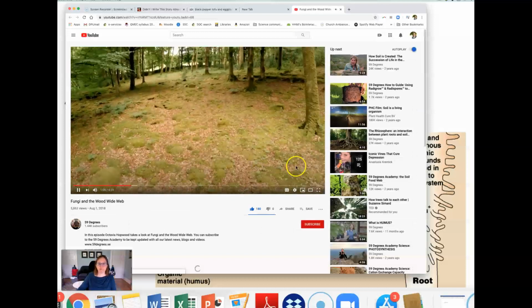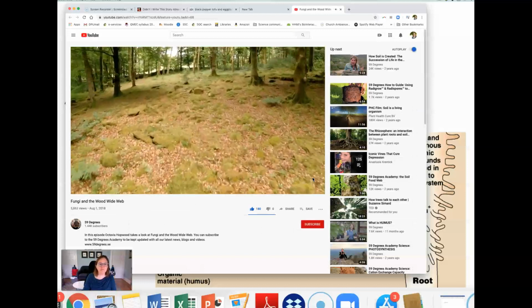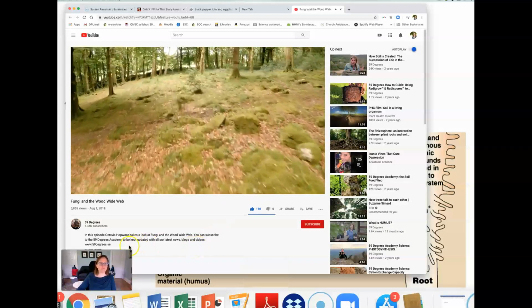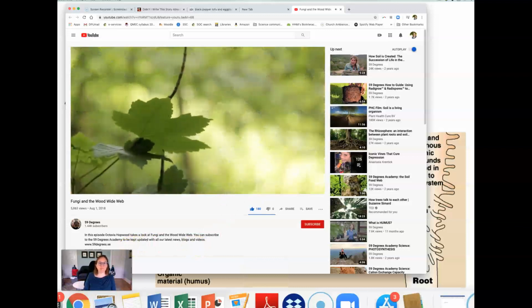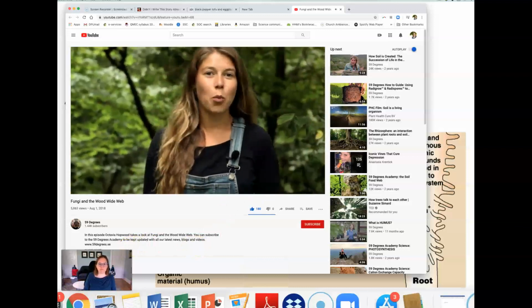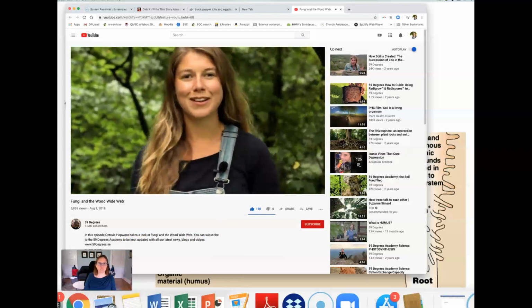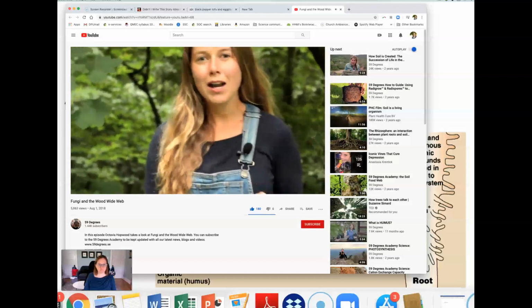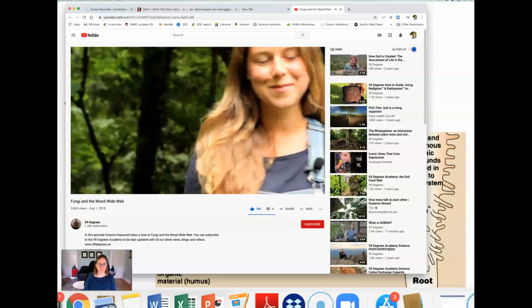I want to take a closer look at these symbiotic relationships between plants and fungi. I've come to this ancient forest in South Wales to find out what goes on underneath our feet. Even just walking through this ancient forest, you can smell the soil. It's wonderfully fresh and earthy, and this is partly because of the abundance of microorganisms that it contains.